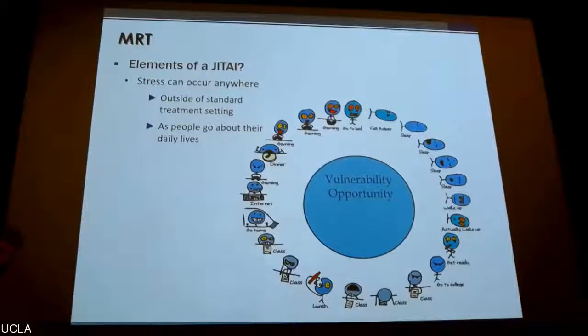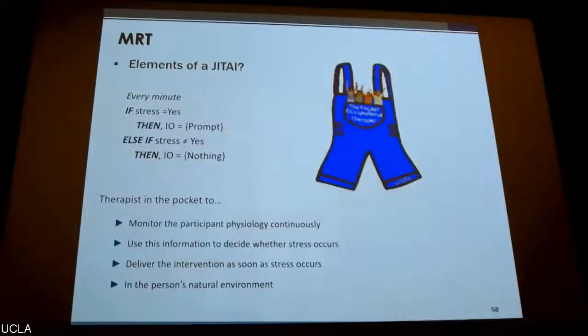The point is that the conditions that we're trying to address in the JEDI are expected to occur outside of standard treatment settings as people go about their daily lives. And because of that, to employ a decision rule of this sort, to intervene as soon as stress occurs, we would ideally need to provide people with a therapist that would sit inside their pockets and be with them continuously during the day, right?